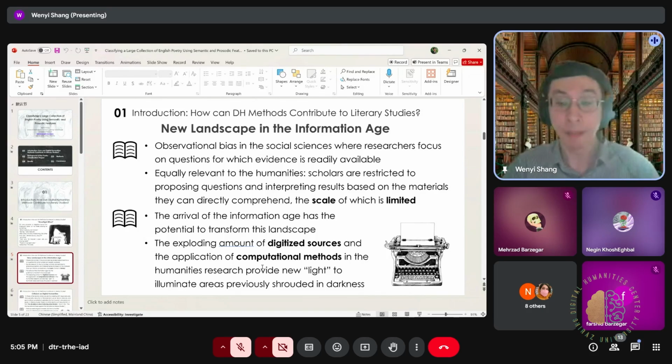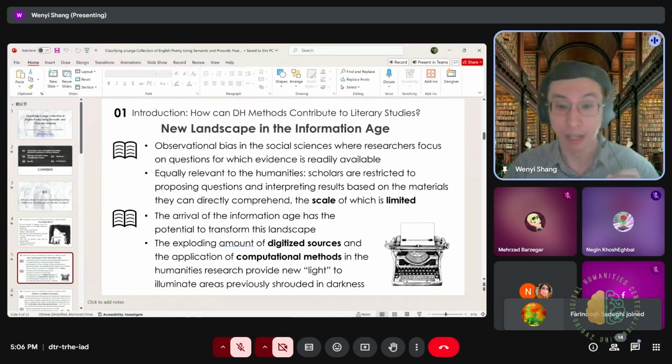But the arrival of the information age has the potential to transform this landscape, with the help of the exploding amount of digitized sources, and also the application of computational methods in humanities research. Both provide new light to illuminate areas previously shrouded in darkness.